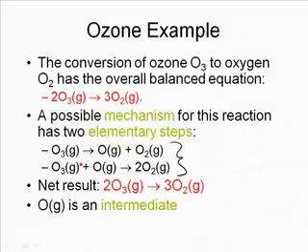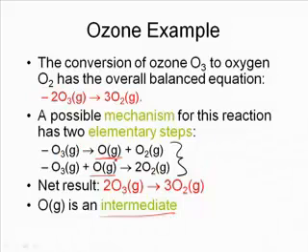Okay, so what happens when we add these together? Well, we get 2O3. We have an oxygen atom on our product side and an oxygen atom on our reactant side. So those are going to cancel out, which means that's an intermediate.